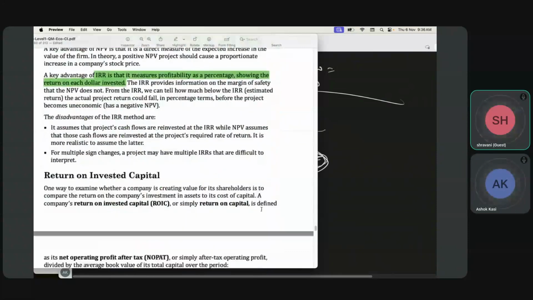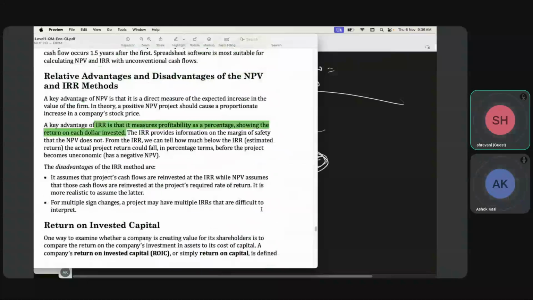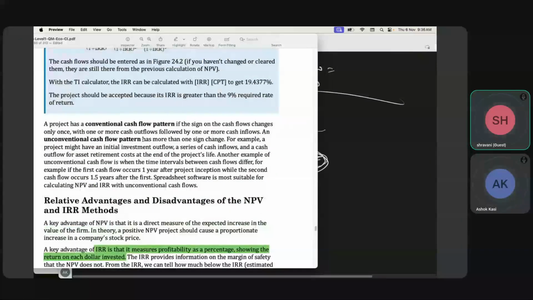Then, conventional cash flow pattern and unconventional cash flow pattern. Conventional is what we have done now. So this is also theory.